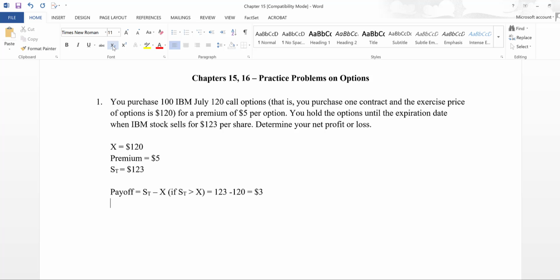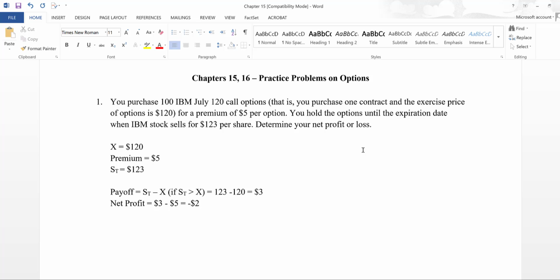This is for each option, but you also paid this premium of $5 to purchase the option. So what is your net gain? Well, $3 in payoff minus the $5 premium, so that is negative $2. $2 is basically your loss in this transaction.